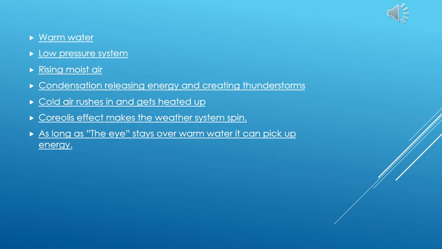The Coriolis effect makes this weather system spin, and as long as the eye of the storm is over warm water, it can pick up energy and wind speed. If it moves over colder water or over land, it will then lose speed. We often see this when hurricanes come into the Gulf of Mexico. They pick up a lot of energy from the warm water, and then they lose power when they hit land.